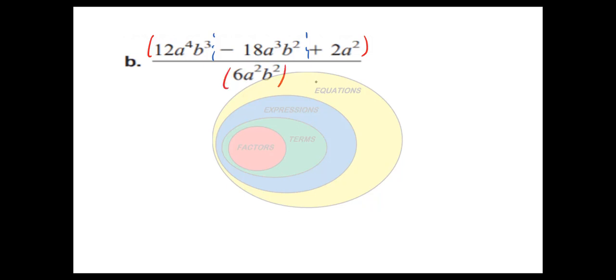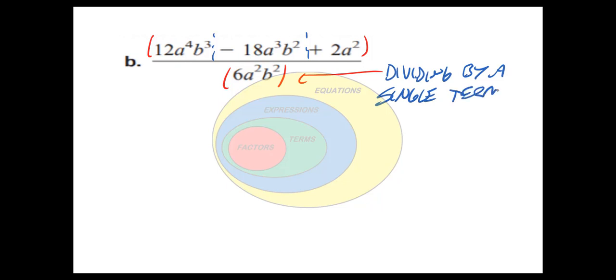It's just a bunch of factors, so we'll be dividing by a monomial, a single term. This would be much different if the denominator had 2 terms. We would have to distribute the whole denominator.